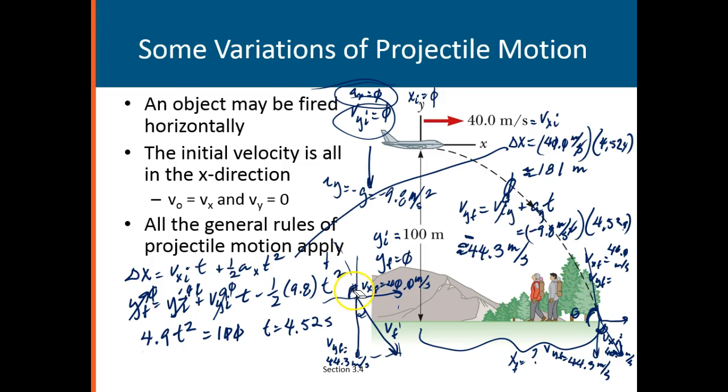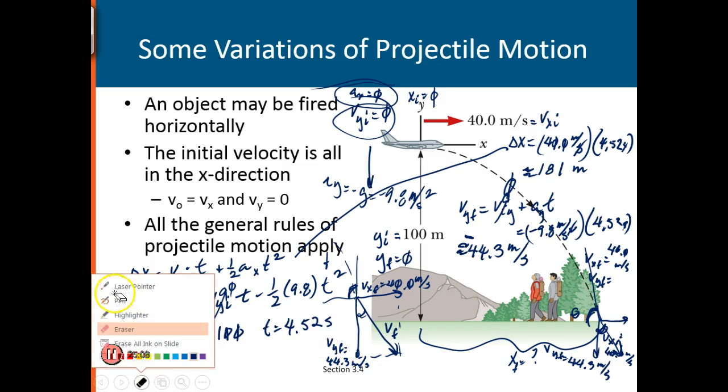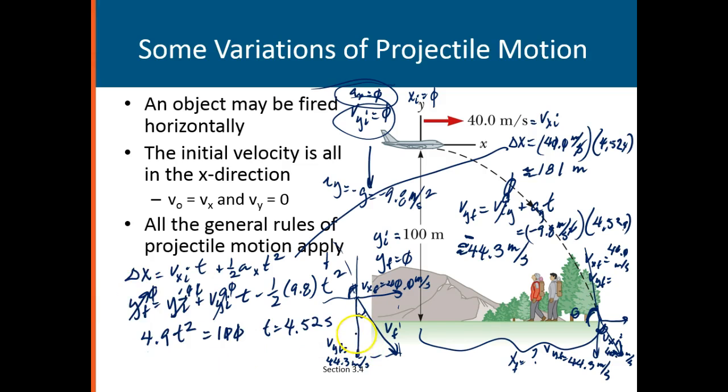That's a question. So how could knowing the legs of that right triangle give you anything about this angle in the right triangle? Let's name those legs.